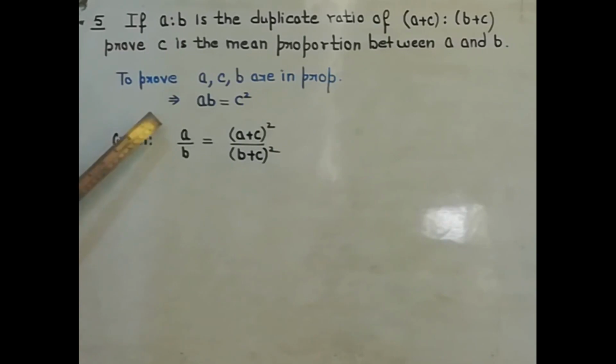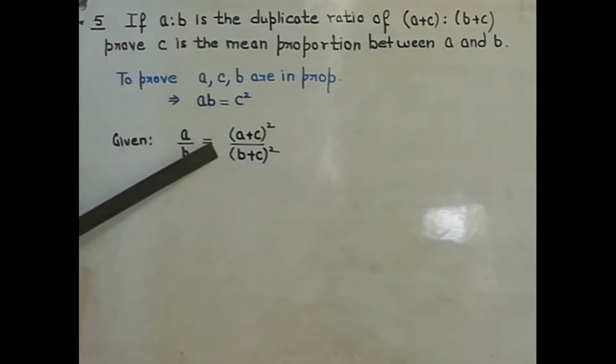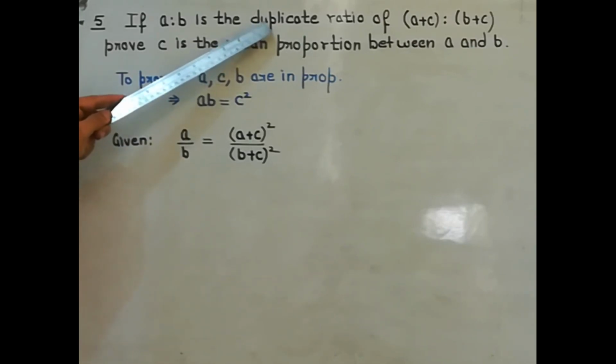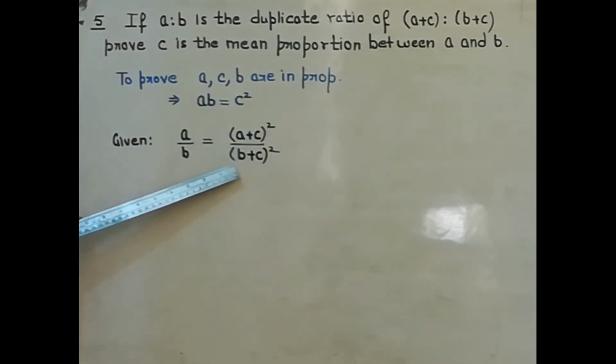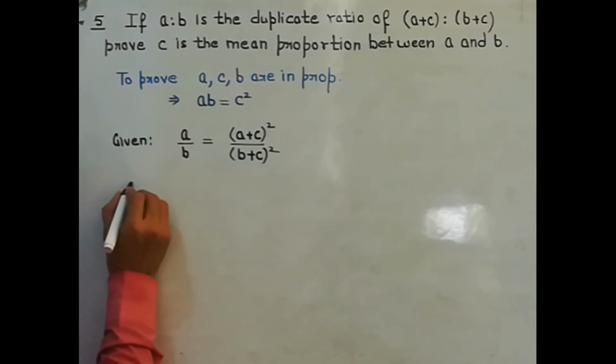A upon b, so this is a upon b, this is given, so is equal to, now on the right side you have to write duplicate of that ratio. And how do we write the duplicate of a ratio? By squaring it. So this was given to us, now let us solve it.